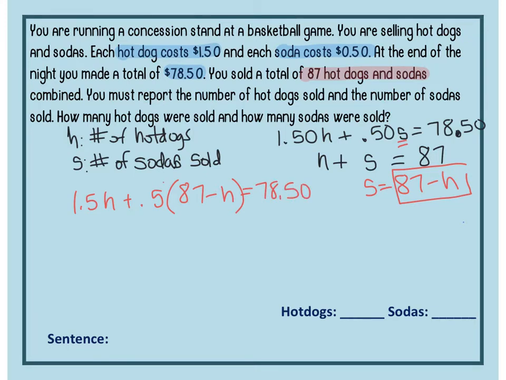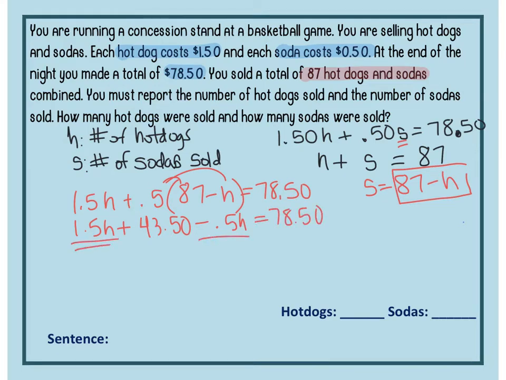Next is to distribute inside the parentheses. So I now have 1.5H plus 43.50 minus 0.5H is equal to 78.50.